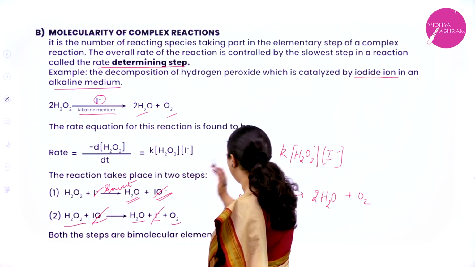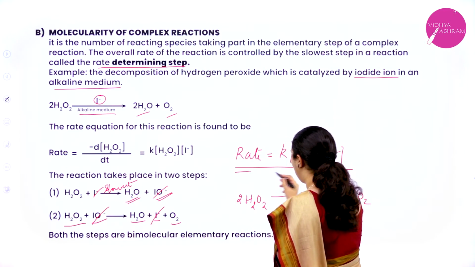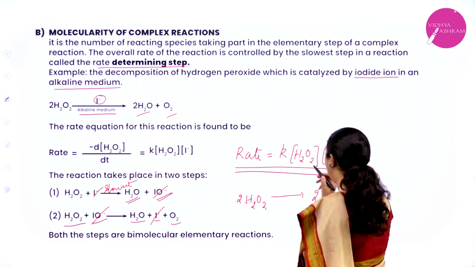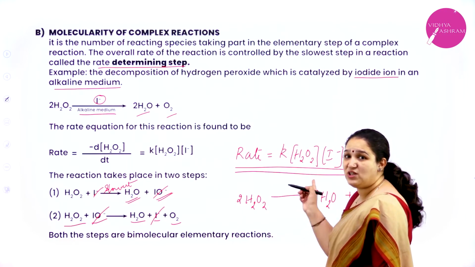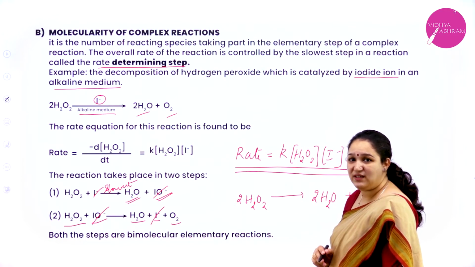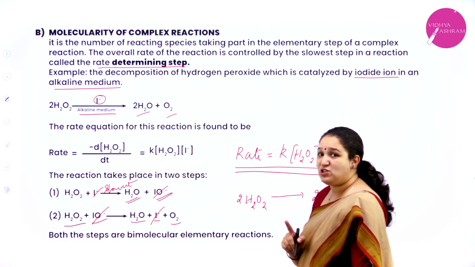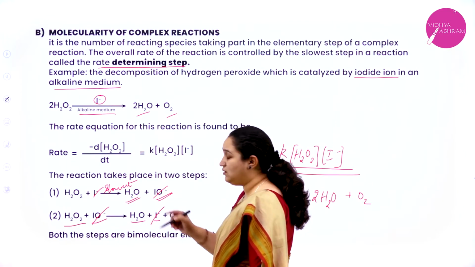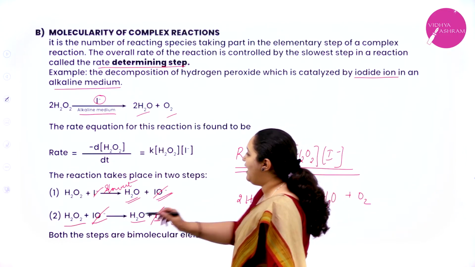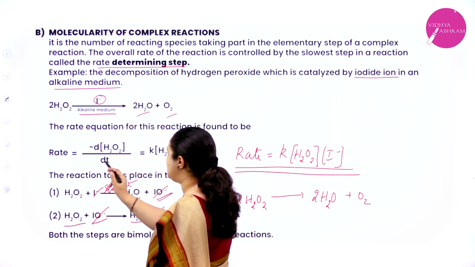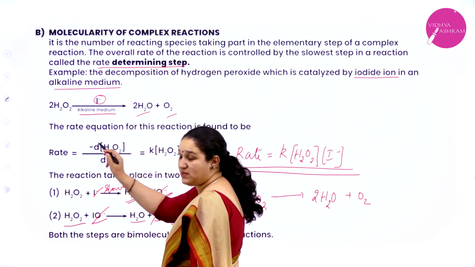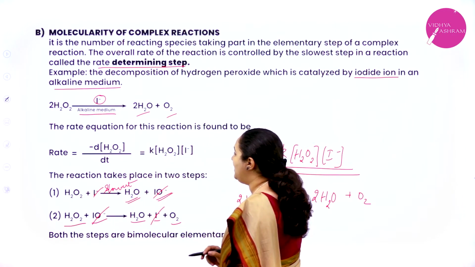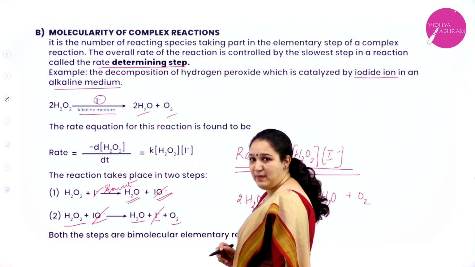But when I'm writing the rate expression, looking into the slowest step, I get to know that even I minus, which is added as a catalyst, can change the rate of the reaction, isn't it? So, the rate expression is written based on the slowest step. So we have rate is equal to minus d[H2O2]/dt, that is the differential form, is equal to K [H2O2][I minus].